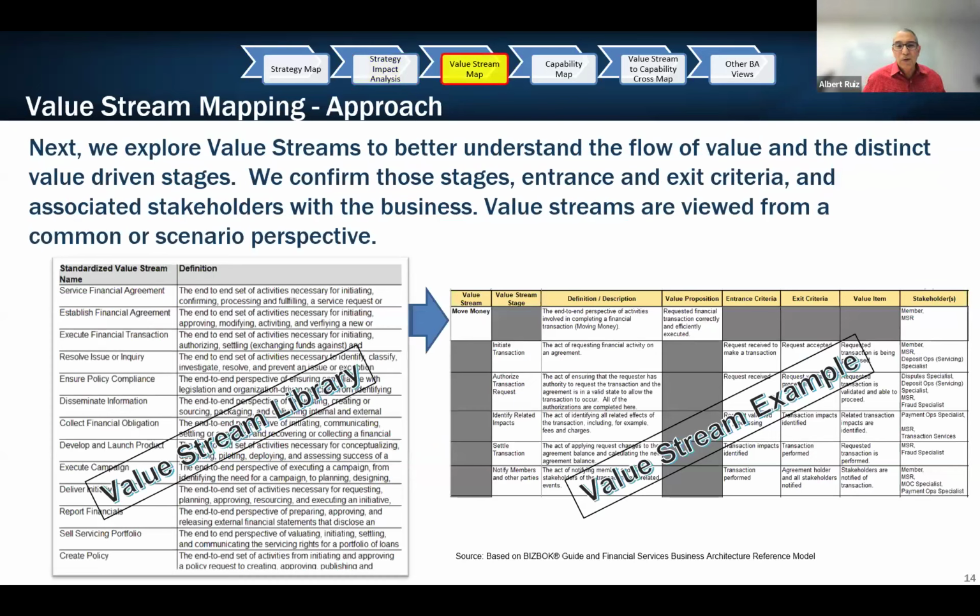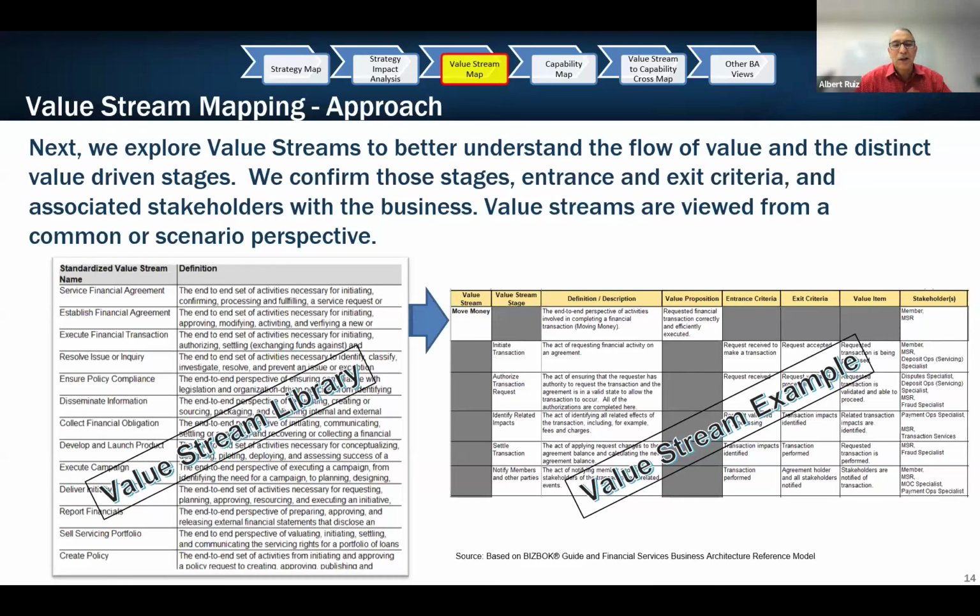Okay, Ben, if you go to, yes, thank you. So next we take a look at the impacts associated with particular objectives. The first thing we like to look at, although this is not always the case, depending on the customer request, is to explore the value streams to better understand the flow of value and distinct value-driven stages.